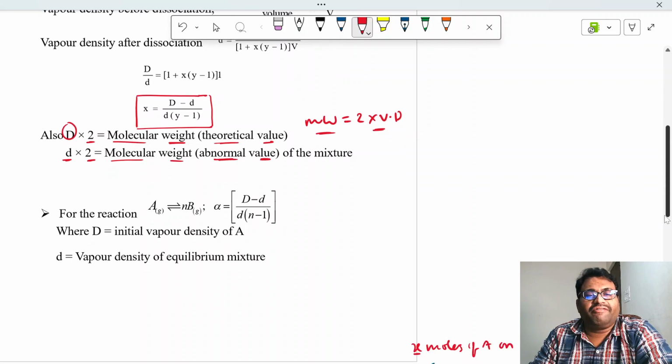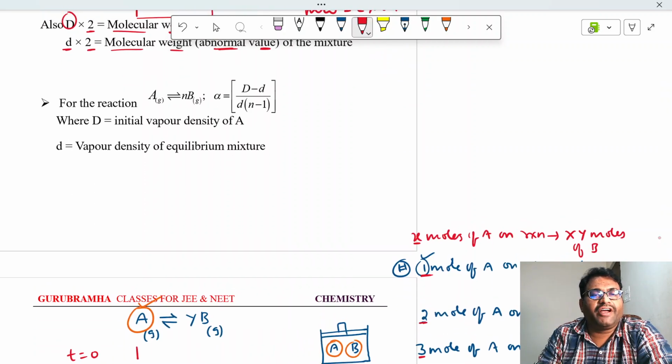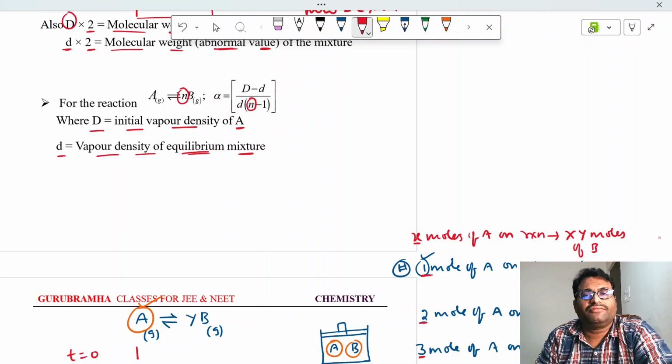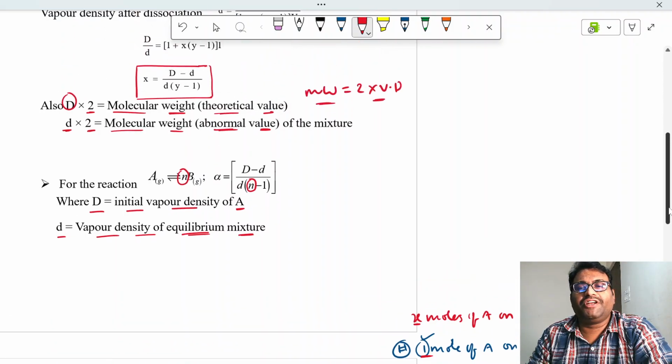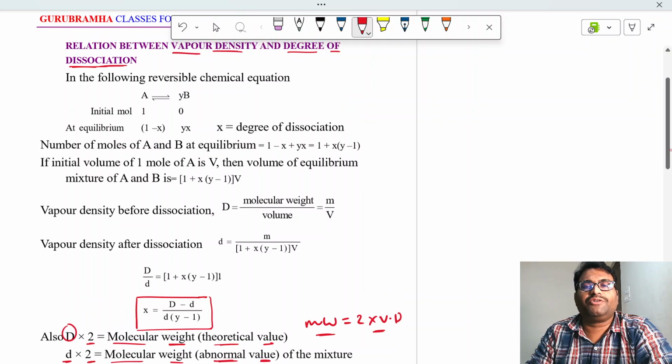Another way it is given: instead of y, we have taken n. Here D is the initial vapor density of A, d is the vapor density of the equilibrium mixture. So overall, the formula we need to remember is D by d is equal to alpha into (n minus 1) plus 1.